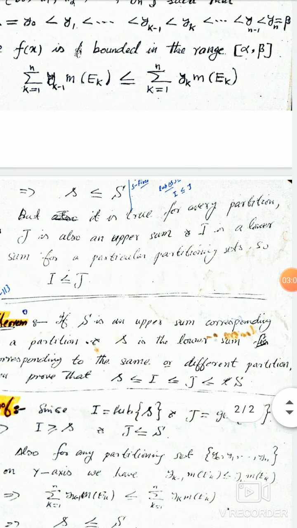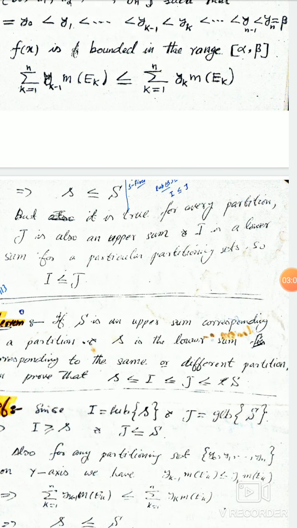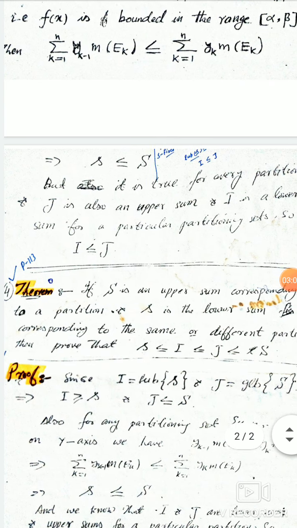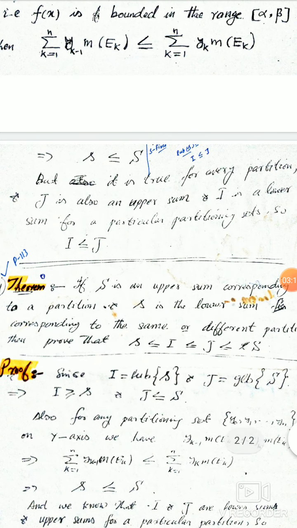But it is true for every partition, and J is also an upper sum because J is equal to the GLB of the upper sums. So it means that J is equal to capital S, and I is the lower sum, as I is equal to the LUB of the small s.